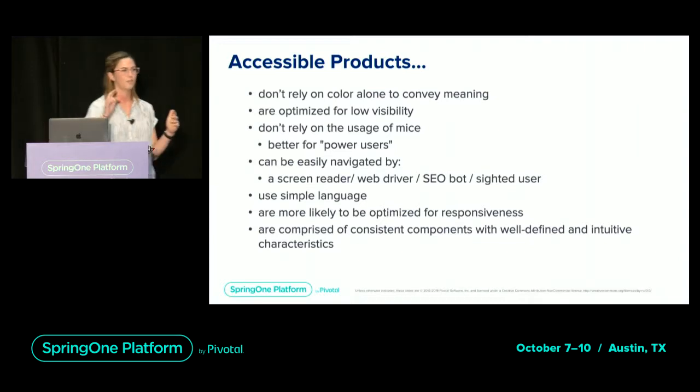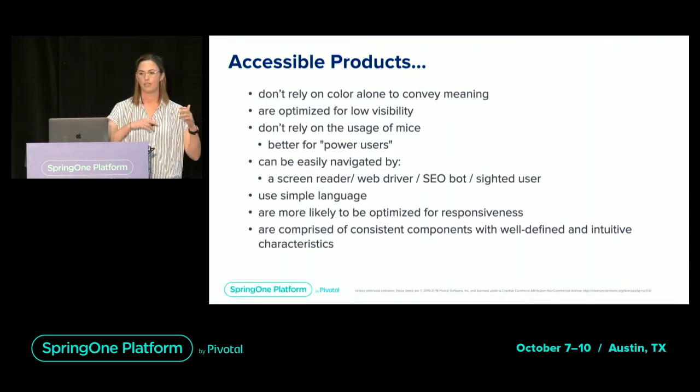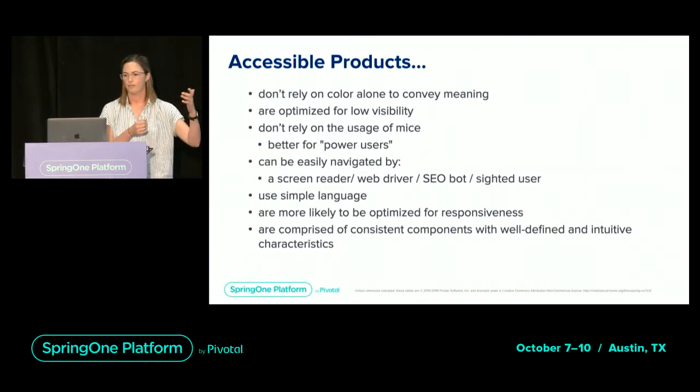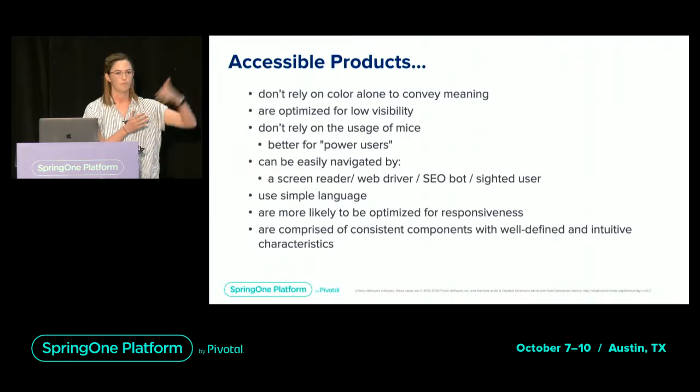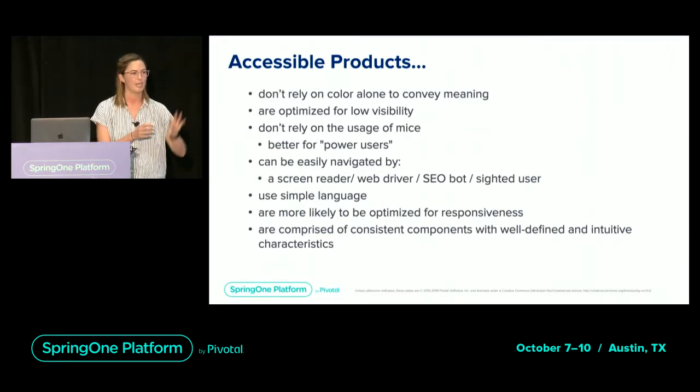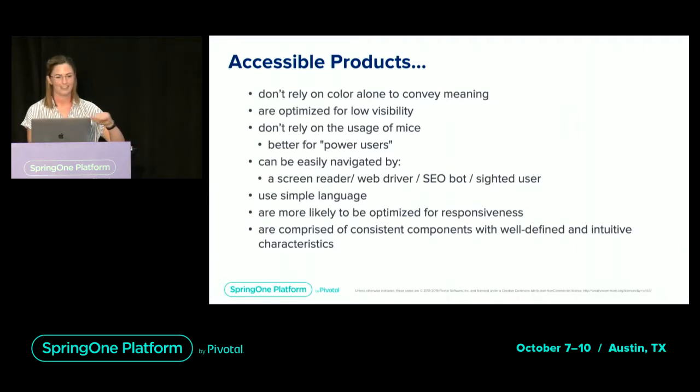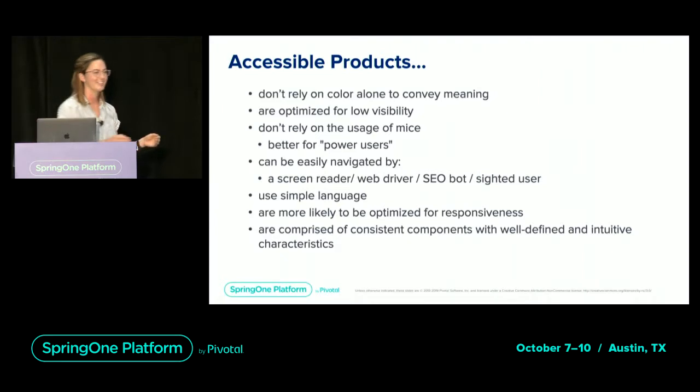Show of hands, how many people here have written end-to-end tests, sometimes called journey tests? It's basically a test that will spin up a web driver and complete a task for you. Yeah? Okay, cool. In my experience, if an application is easily navigated by a screen reader, it's also much more likely to be easily navigated by a web driver.